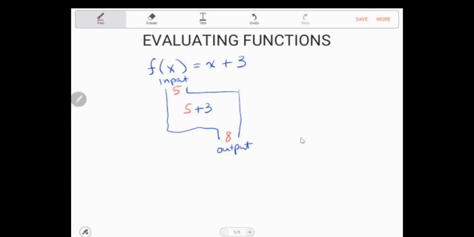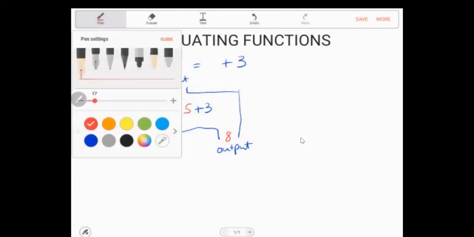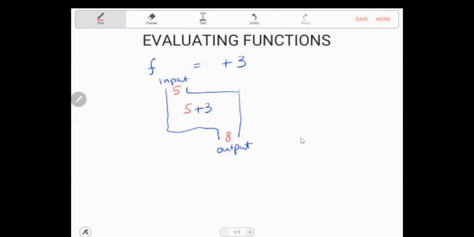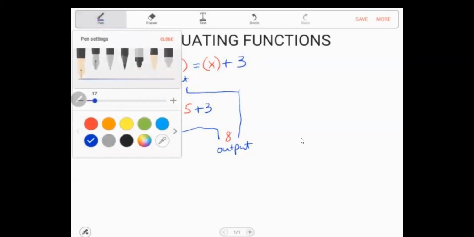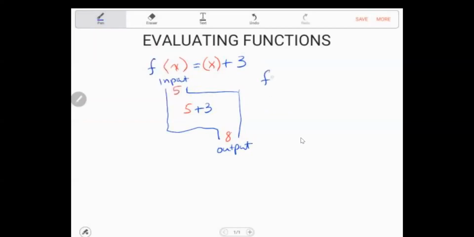But what I want you to do is think about these functions in this way: when you have this f of x, wherever there is an x in your function, you're going to insert that value. Whatever the value of x is, you insert it. So in this case, you would write f of 5.